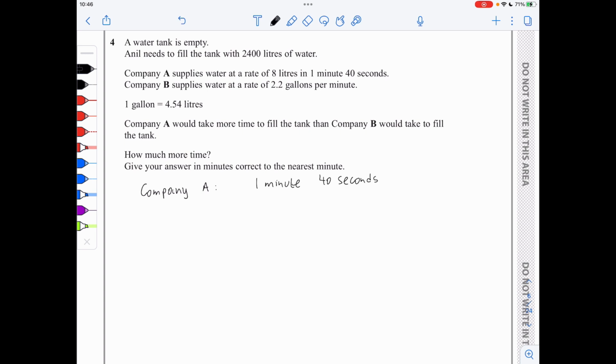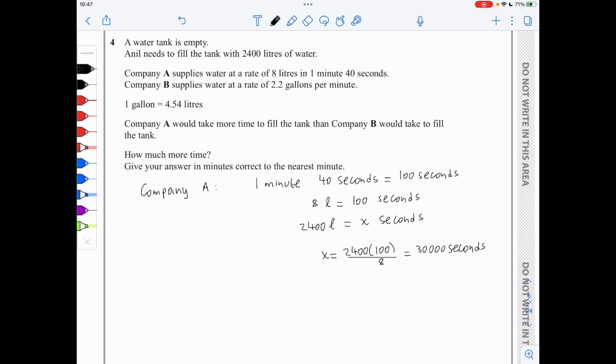So we can supply 8 liters in 100 seconds. So the question is, 2,400 liters in how many seconds? So x is 2,400 times 100 over 8, and this gives an answer of 30,000 seconds.